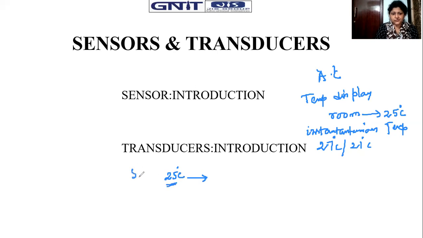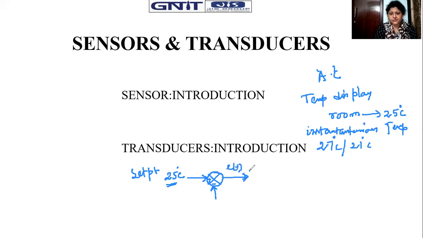That is called the set point. The set point you have set for your system will always be compared, and an error signal will be generated.